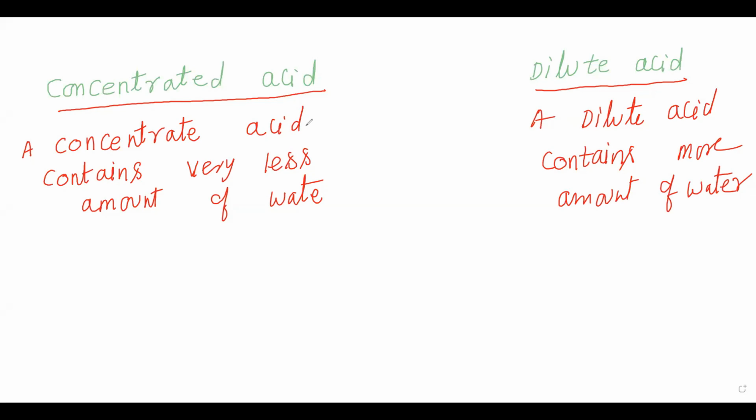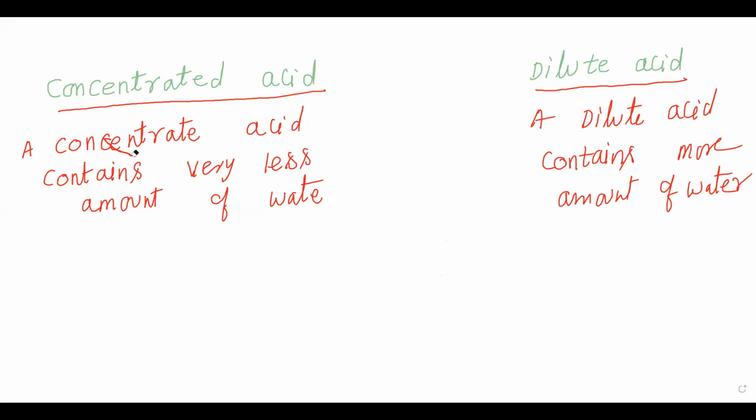Now let us know the basic difference between concentrated acid and dilute acid. In your school lab, you might see acids kept in bottles with a label saying concentrated HCl or dilute H2SO4. Generally in school labs, dilute acids are used. Concentrated acids are really very harmful.